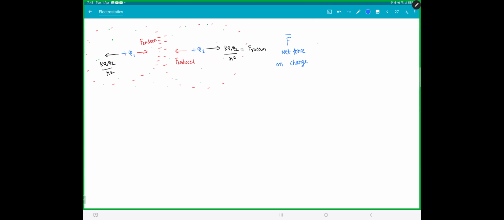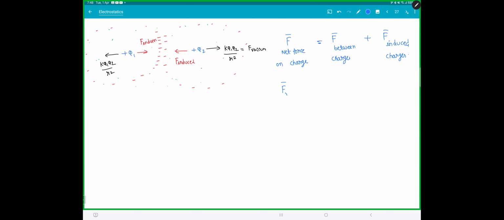So the net force on the charge will be the force between the charges plus the force due to the induced charges. When you put a medium in the surrounding region, you're inducing charges, and these create an additional force.